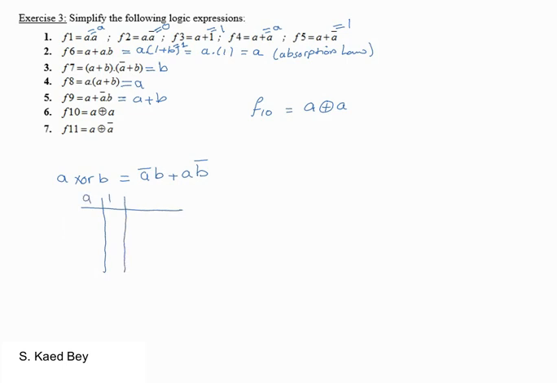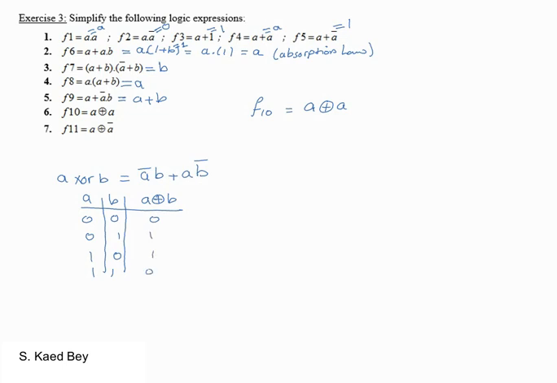If you have an A and B, and consider putting all the alternatives, consider A and B with all the possibilities, then simply A XOR B is 0, 1, 1, 0.